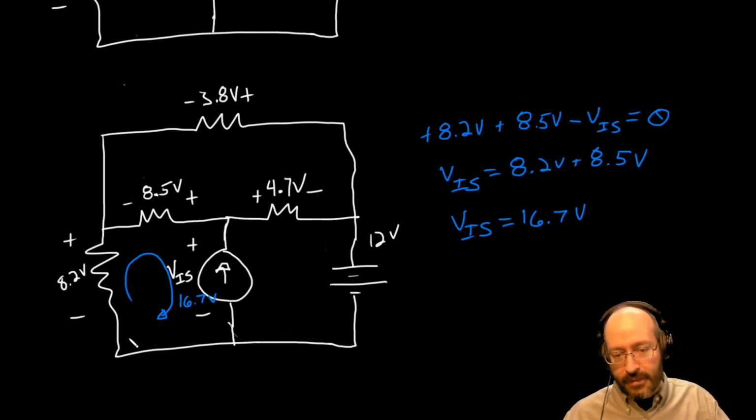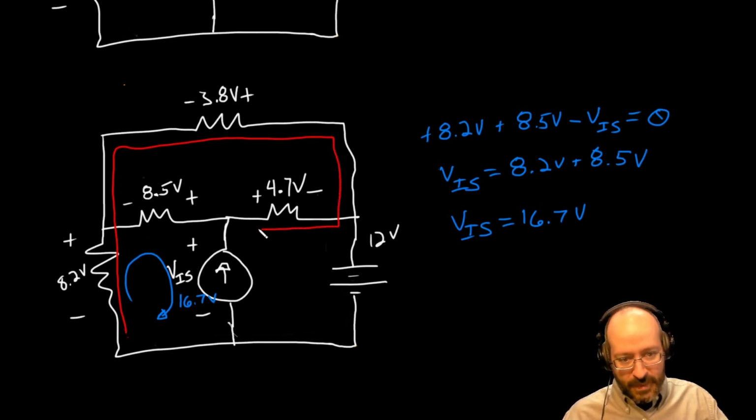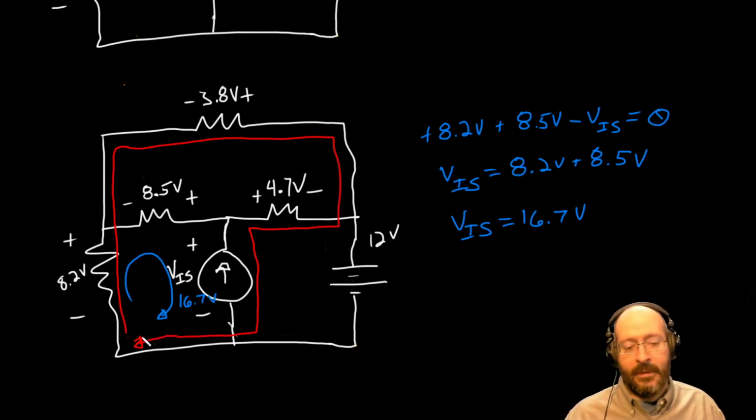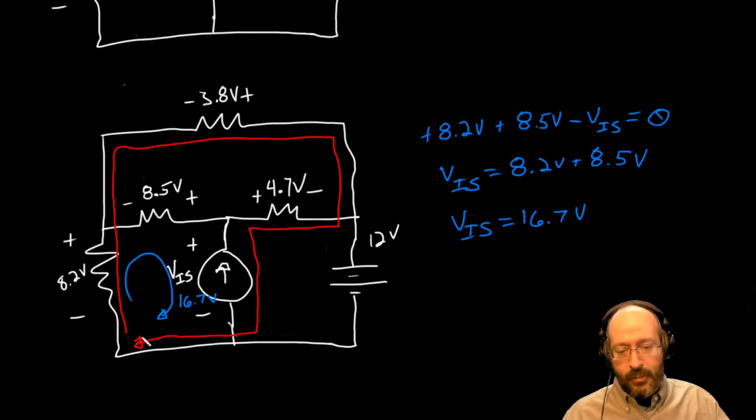So let's take a different path and have fun with it, because we can take any closed path through the circuit and KVL should apply. I'm going to take this path, going around this lower left mesh and this top mesh, and coming back. As long as I start and stop at the same place, we should end up with a consistent result.